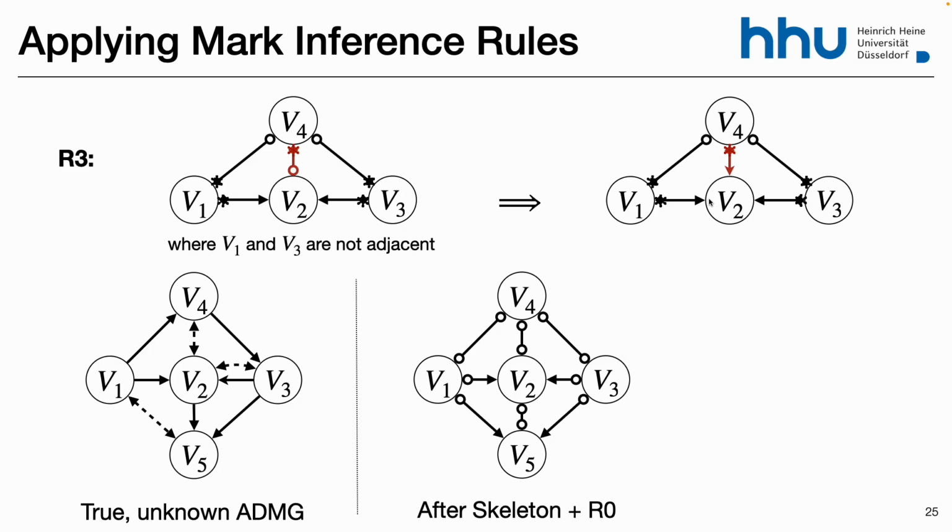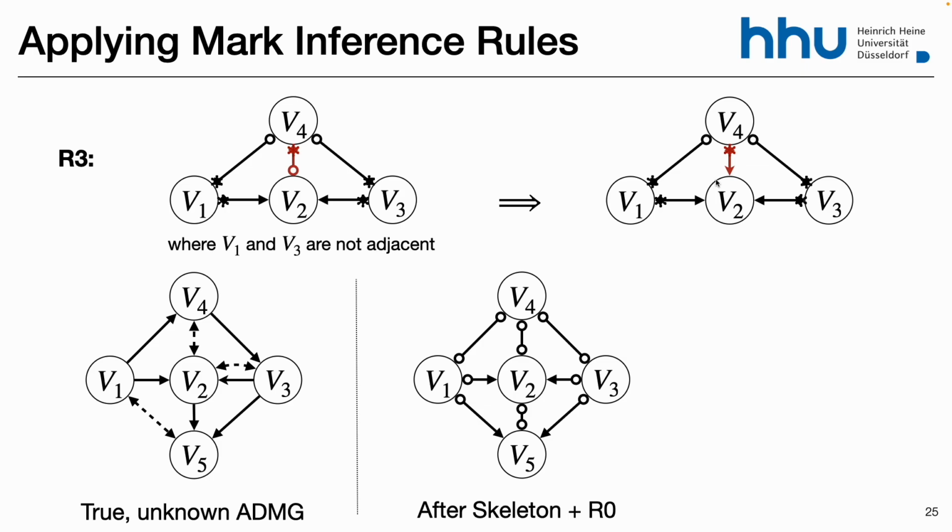You know for sure that there is a circle in the edge here. But this could be a circle, an arrowhead, or a tail, because you could have learned it before in the algorithm, so you don't know. This is going to be the same, so you don't change it, but you change the circle to an arrowhead. That's what's changing with the rule here.